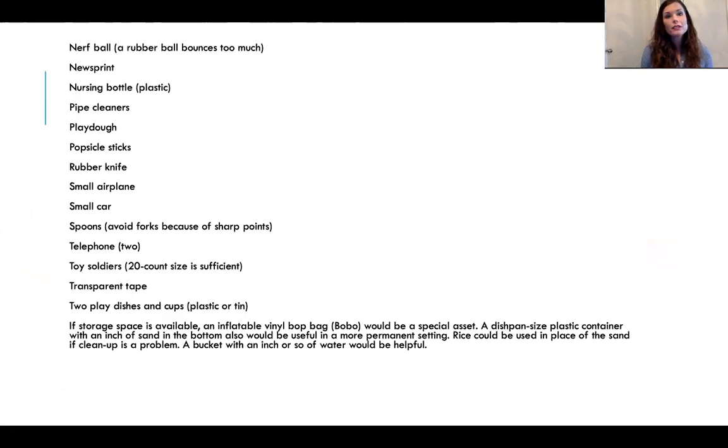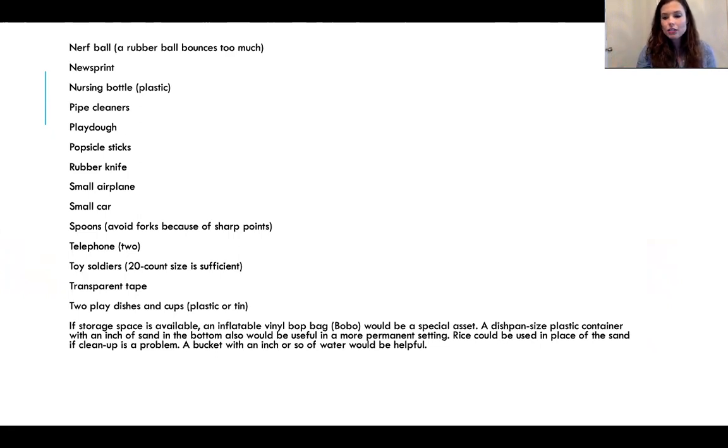A Nerf ball. Don't get a bouncy ball because it'll bounce too much. Newsprint, a plastic nursing bottle, pipe cleaners, Play-Doh, popsicle sticks, rubber knife, small airplane, small car, spoons, telephone, toy soldiers, transparent tape, 2 play dishes, and cups. And you could bring an inflatable Bobo if you have room.